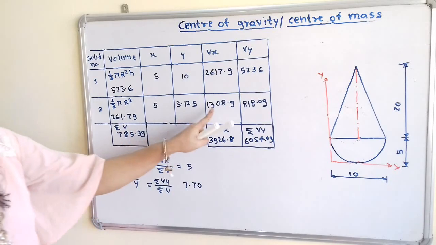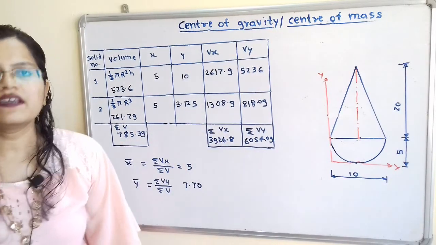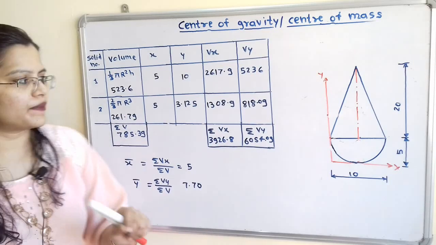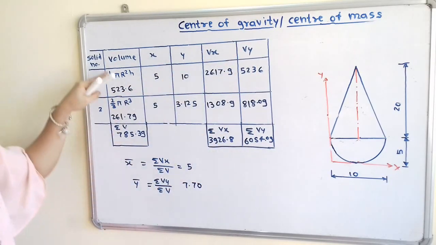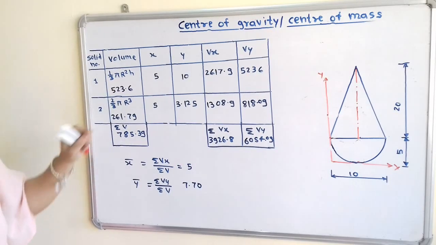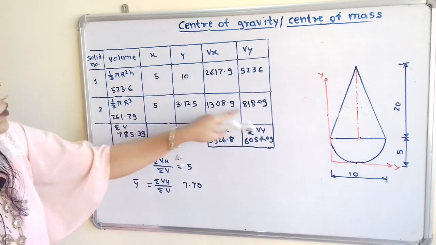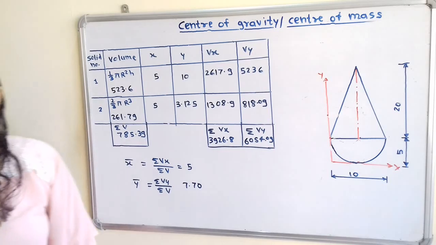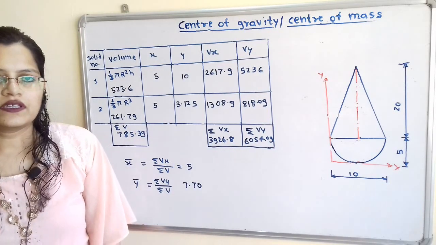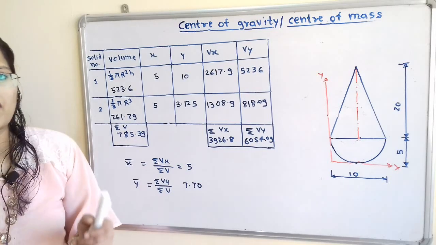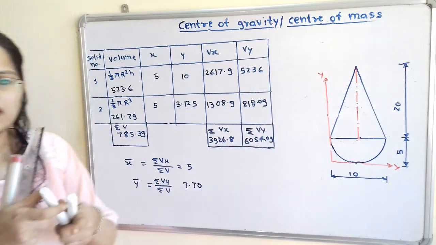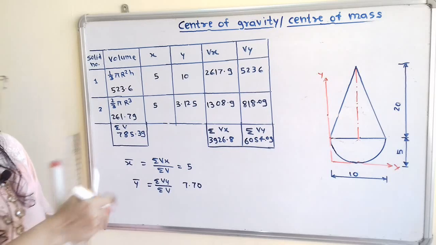When we calculate the values of Vx and Vy, then we have to take the summation: summation of Vx, summation of Vy as well as summation of V. That means we add these values for shape number 1 and shape number 2. Now if we consider the center of gravity G of this composite, the coordinates are x bar and y bar.